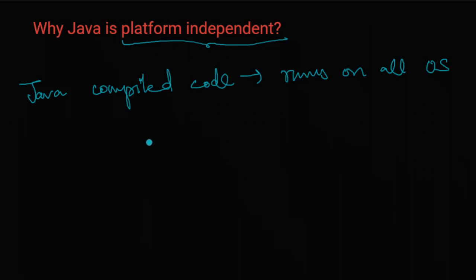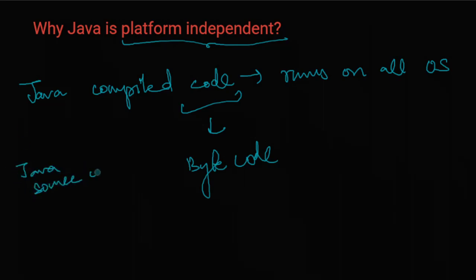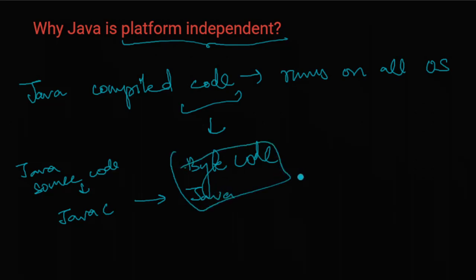Okay, Java compile. Now what is this code called? This code is called the byte code that makes it independent. So how it happens is, you have the Java source code, it goes to the Java compiler. From here it comes out to be the Java bytecode.